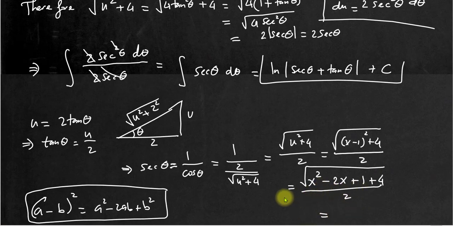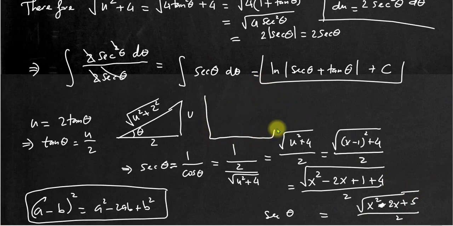Or you can rewrite this as the square root of x squared minus 2x plus 5, over 2. And now I'm ready to plug in everything in terms of x.